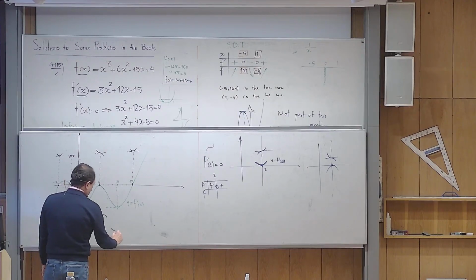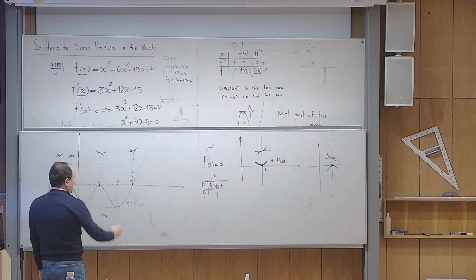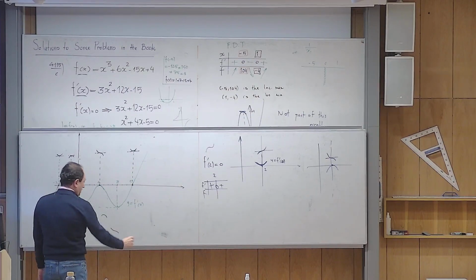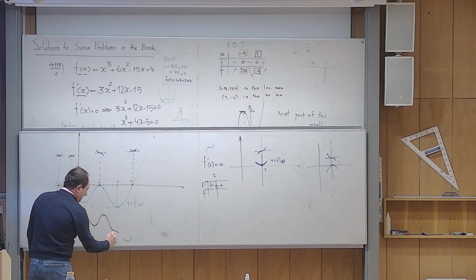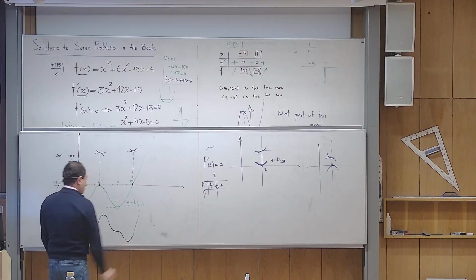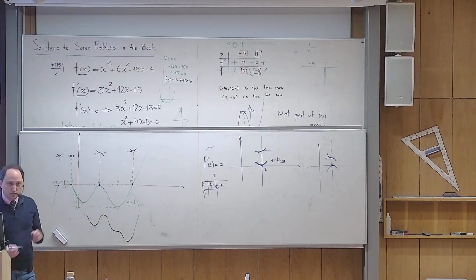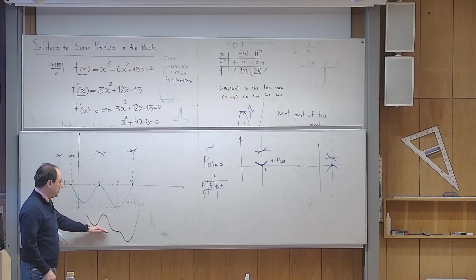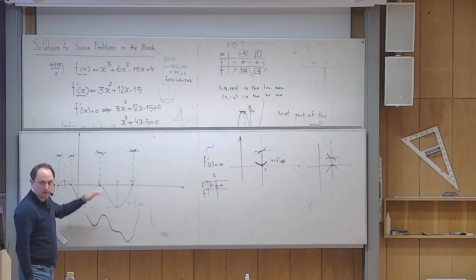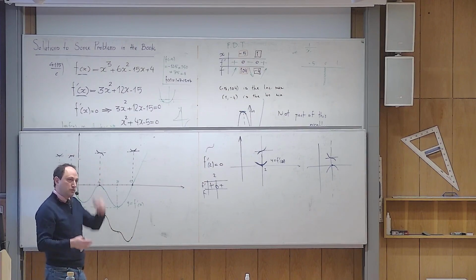Let me just draw that. And then I have this minimum occurring after that, something like this. So hopefully, somehow we convinced ourselves that this is the graph of the original function. The only deficiency here is that we don't know the exact height. So this is the graph of the original function.